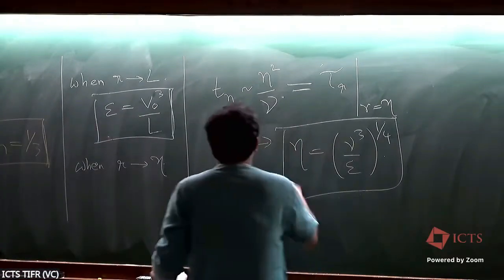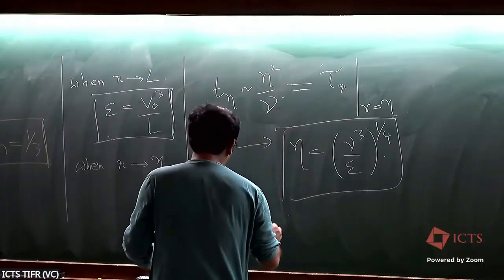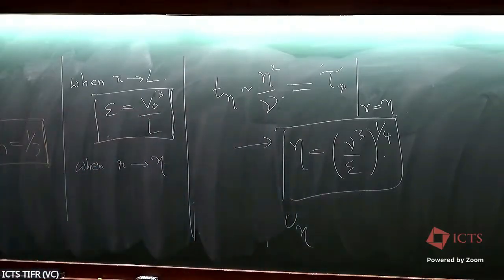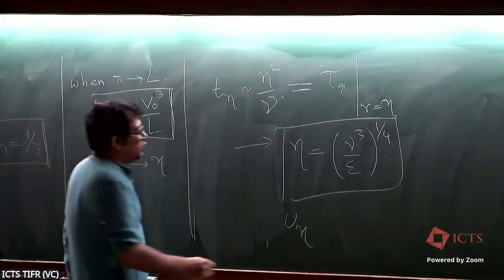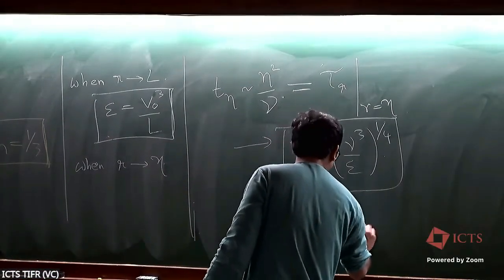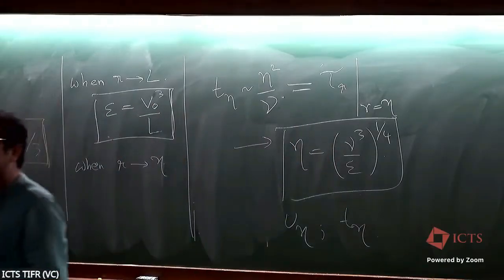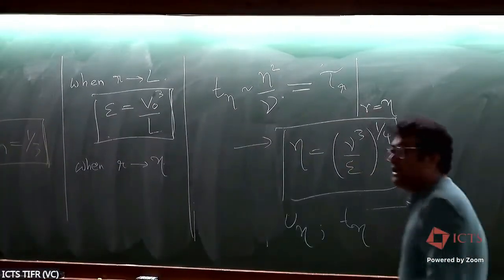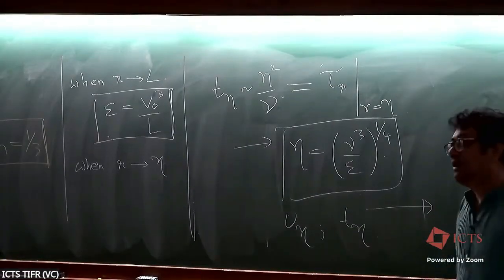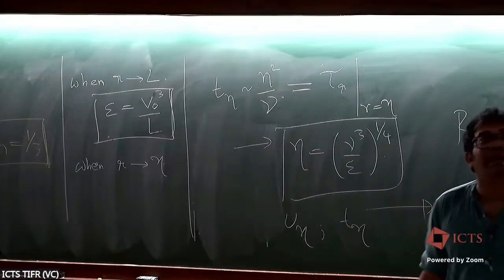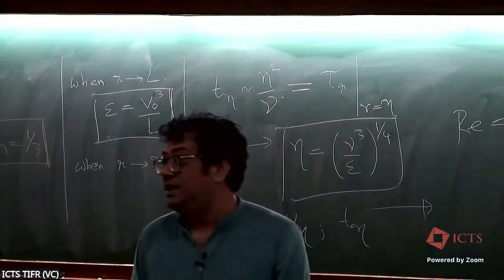You can go over similar arguments, and you can calculate the velocity associated with the scale eta. We already did it actually, you can calculate the time scale associated with the scale eta, and you also have a nice way to think about the scale. Remember, my Reynolds number was some velocity times some length divided by viscosity.